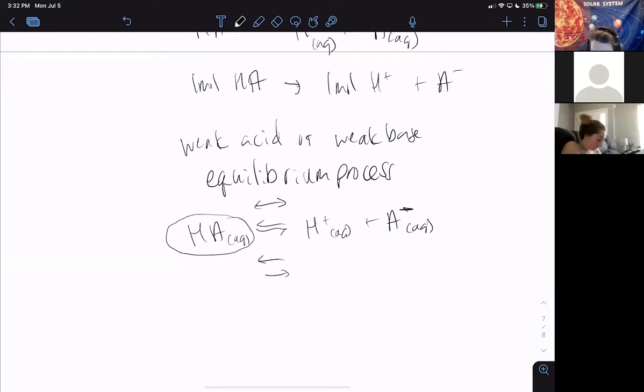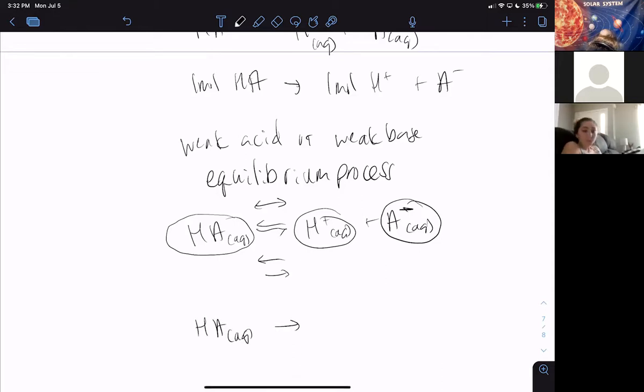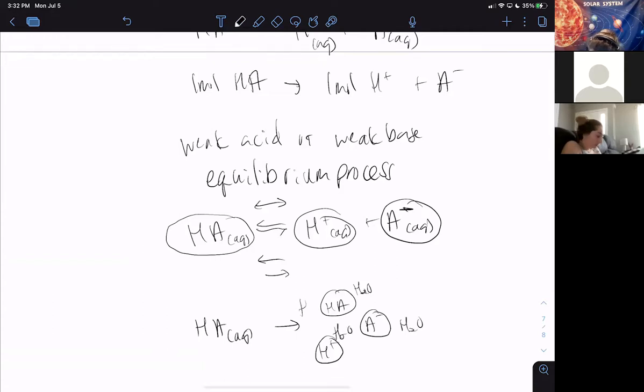So you'll have some of this in solution, some of this in solution, and some of this in solution. So after you dissolve it in water, you have HA, A minus, and H plus all in solution. So that's why it's called a weak electrolyte, because only some of the species is breaking down into ions.